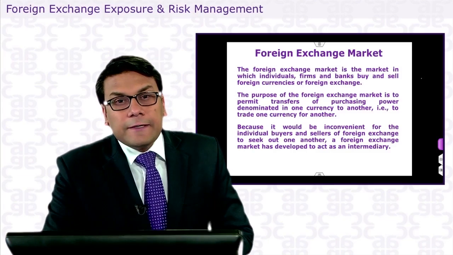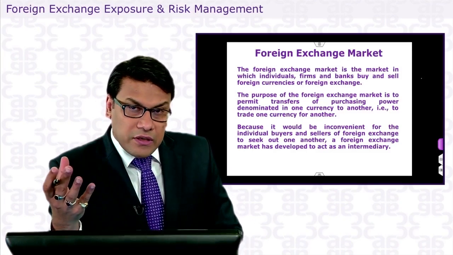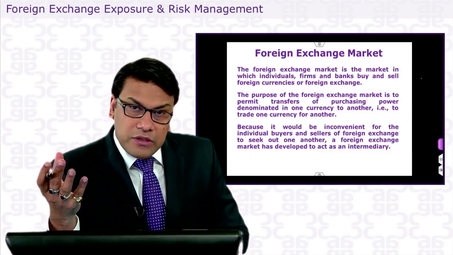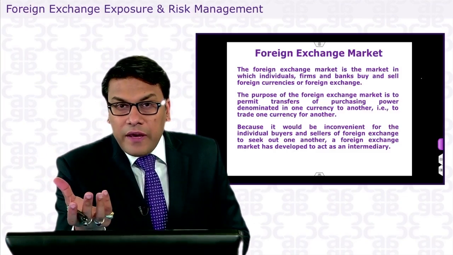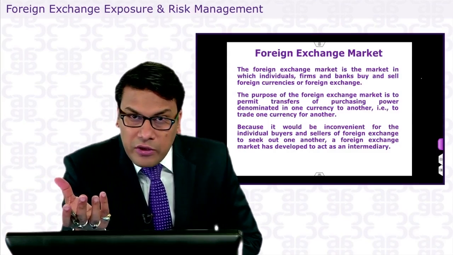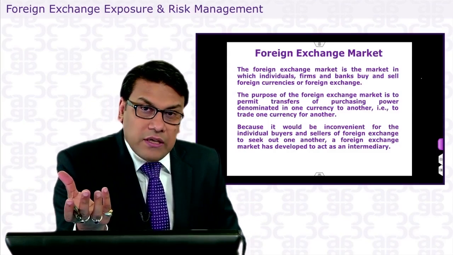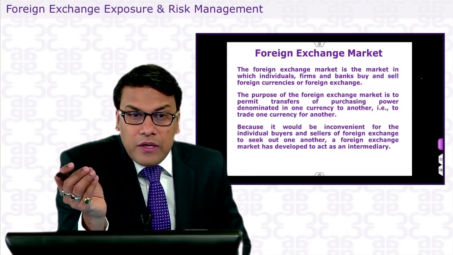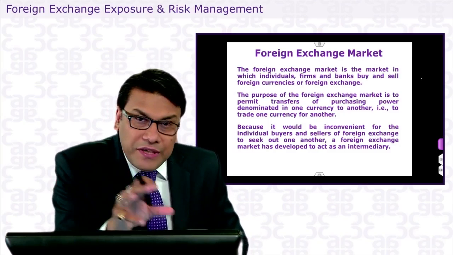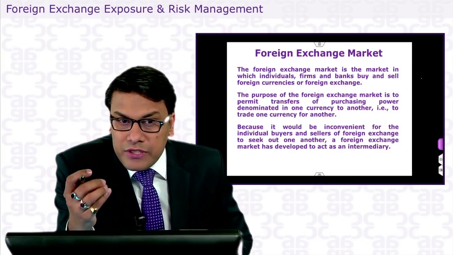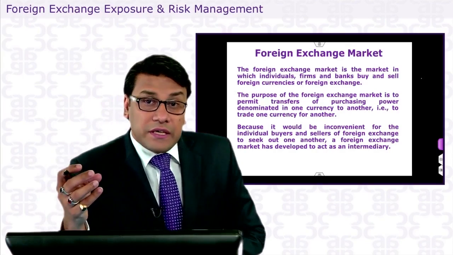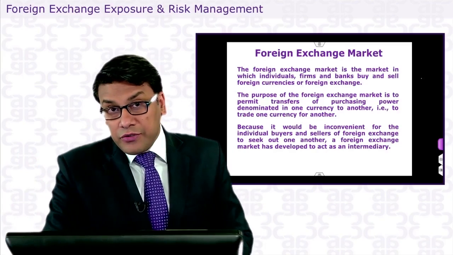And when you're trading with different countries, cross borders, you deal in different currencies, so there has to be some mechanism wherein you can get that kind of a purchasing power denomination in your currency when you're sending a consignment abroad. So when you're doing a trade in one currency to another currency, how much is the purchasing denomination of one currency with another currency is what this market is trying to give you a quote.